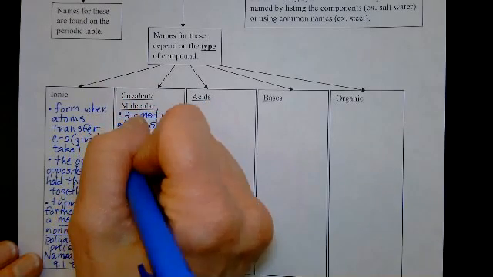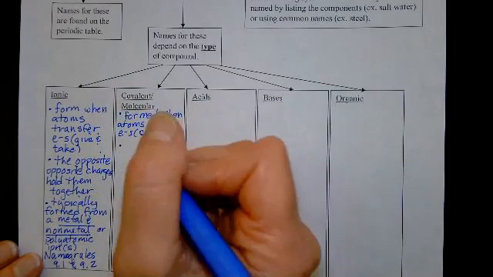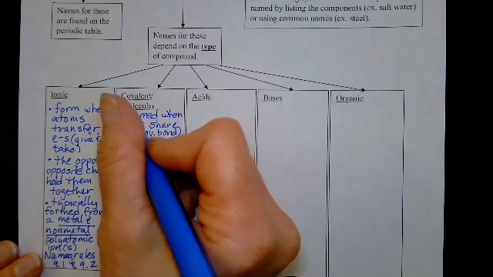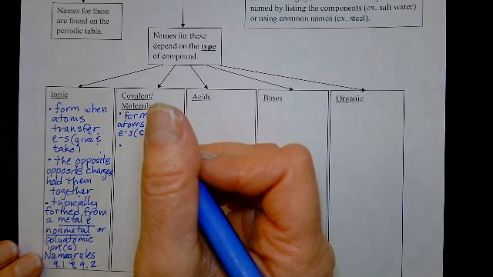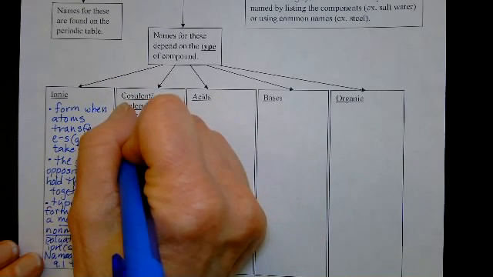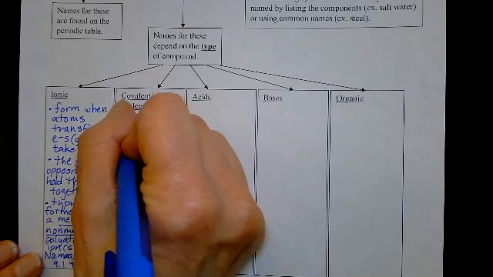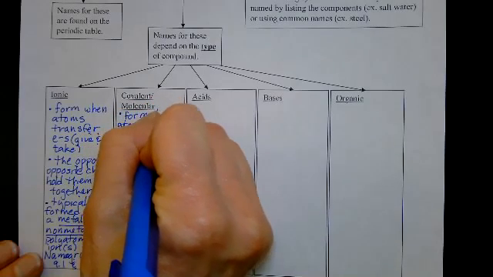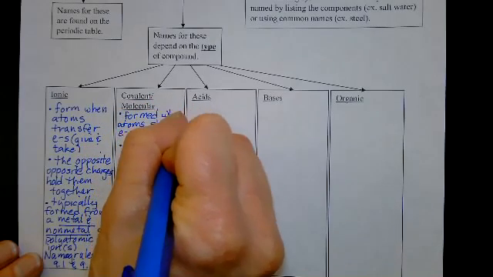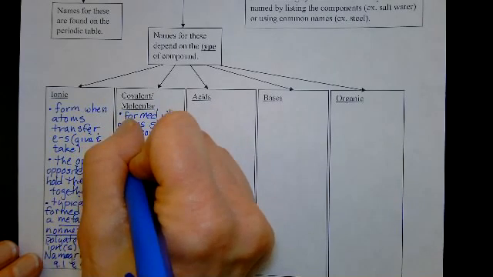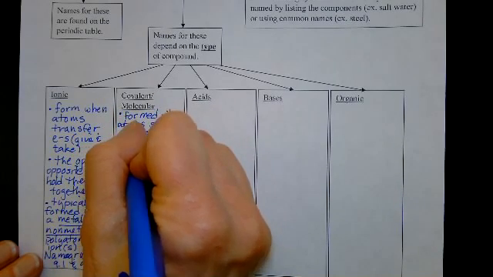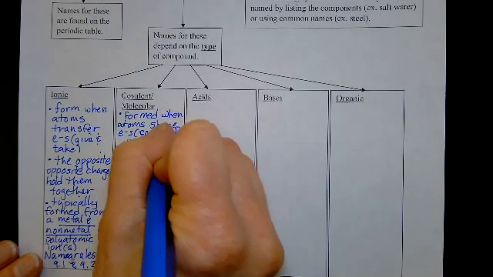The covalent compounds or molecules are formed when two nonmetal elements bond. So they would be formed from two or more nonmetal elements.